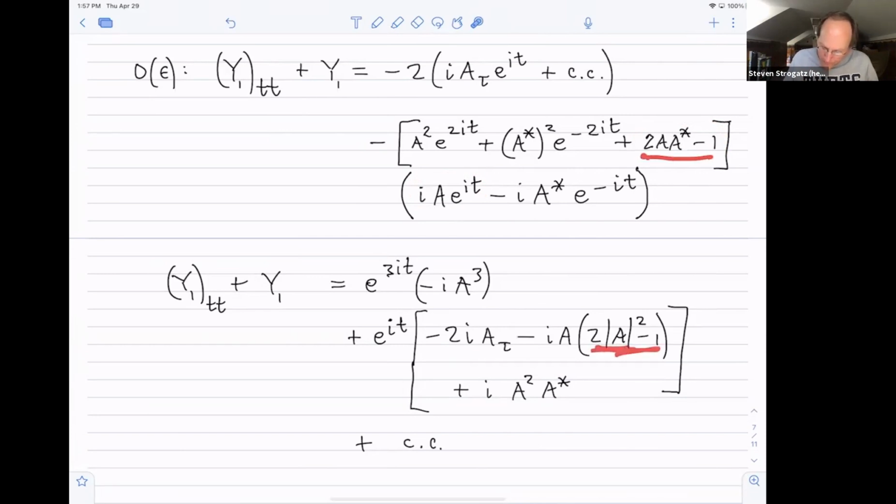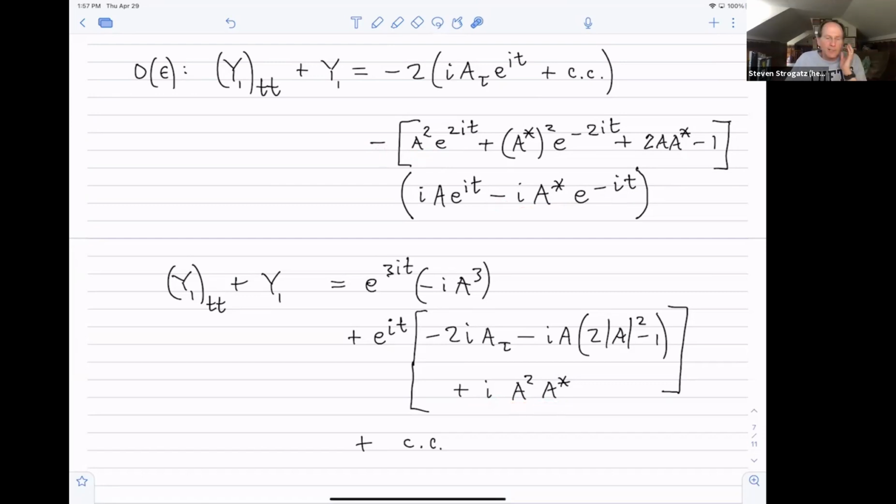That's from here. But then what's interesting is I can also generate an e to the it by doing an e to the 2it times an e to the minus it. And so that produces stuff that looks like a squared times a star times this factor of i sitting here. And then there's a negative sign times this negative sign. So that's why I have a plus i a squared a star.